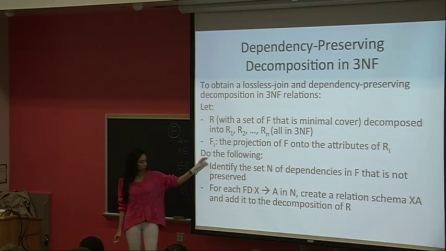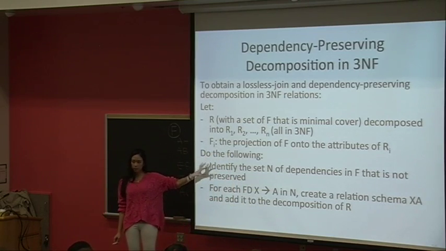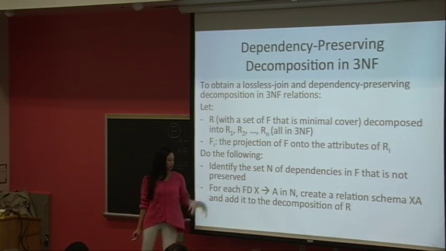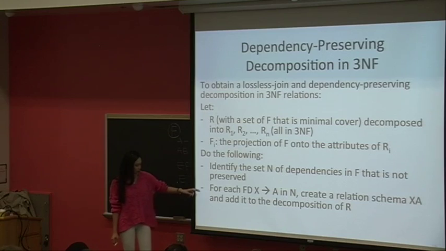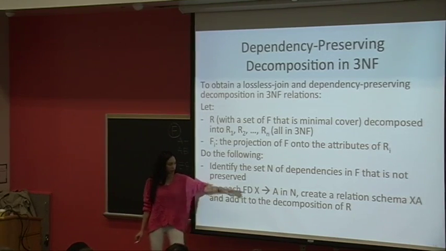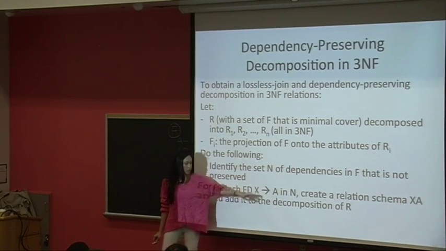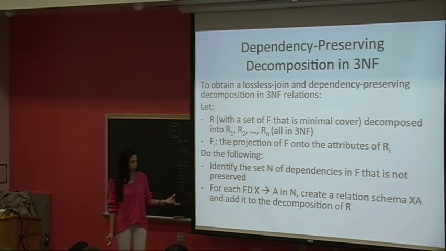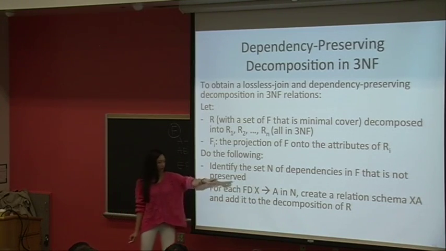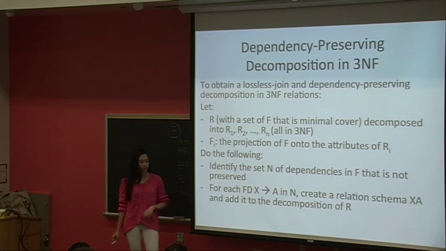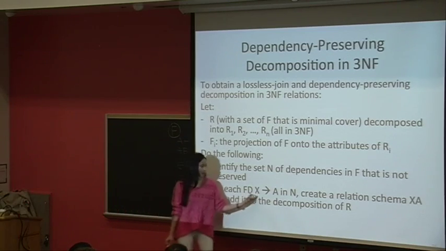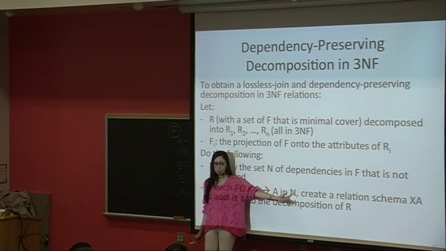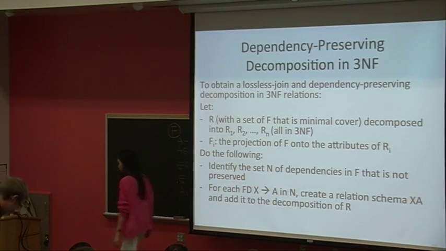So you first identify those missing functional dependencies. Then for each functional dependency X → A in N, we simply create a relation schema XA and add it to the decomposition of R. That's super simple, like we did before. We just take the union of the attributes and create a new little table for it.